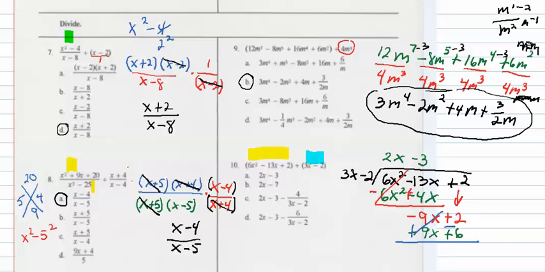So this is a 0, it's gone. You have a negative 6, a positive 2, so you have a negative 4. I'm going to keep the negative sign. I'm going to draw the 4 at the top of my fraction and 3x minus 2 at the bottom. So here is my answer for number 10, and I'm looking at it, and I've got the 2 fractions, and it looks like it's letter C.